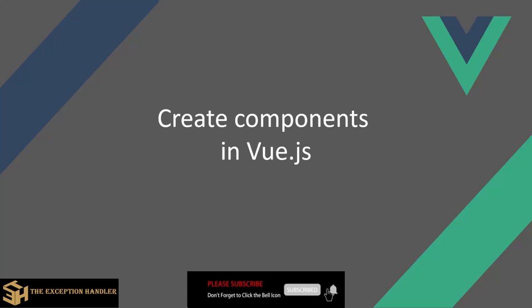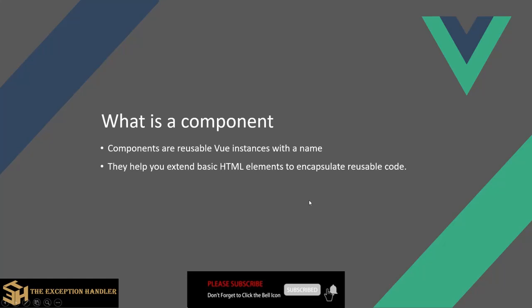Now let's understand what is a component. A component is nothing but a reusable Vue instance, and it helps to encapsulate your HTML code into one single element. That means you can create your own element, as in, like we have a div, you can create your own login component where you can just mention it like the HTML tag and you can use it.